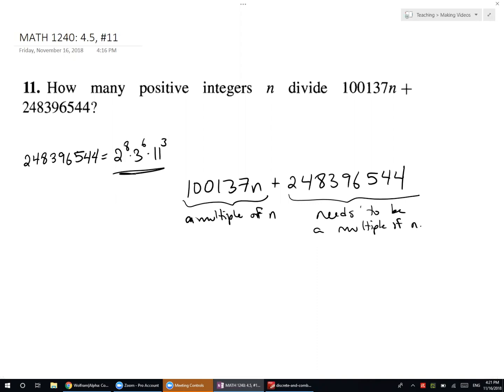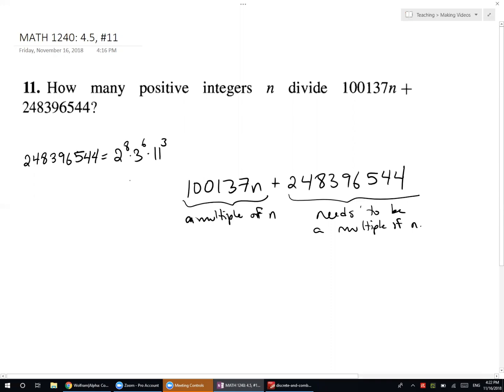Now, I did not do this theorem explicitly in my class, but I think the book does it. And if not, it's a very clear counting argument. How many factors does this number have? Well, any given factor of it may or may not have a 2 in its prime power decomposition, right? If it does have a 2, it can have at most 8 2s. It can't have 9 2s. It wouldn't be a factor anymore, right? 2 to the power of 9 is not a factor of this.